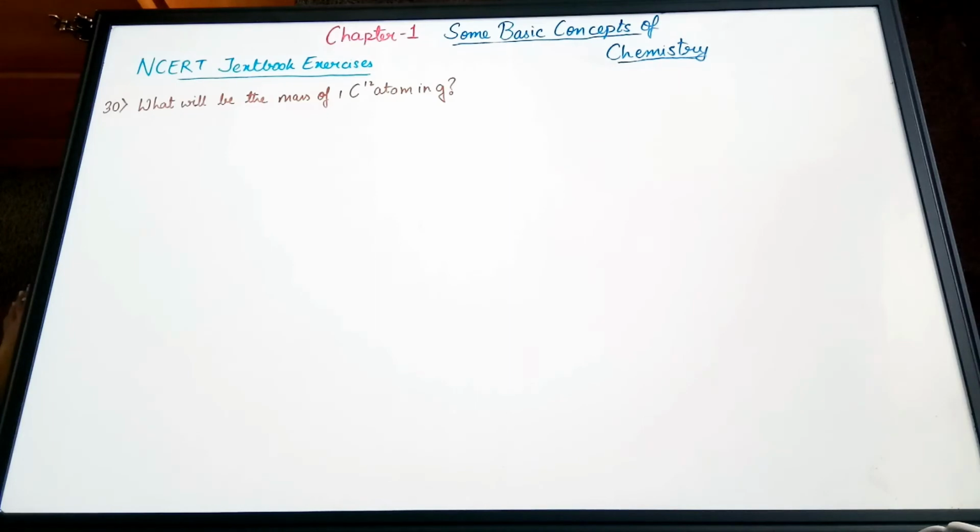Question number 30. What will be the mass of one carbon-12 atom in grams? This is also related to the mole concept.